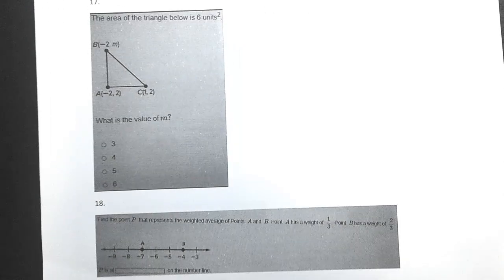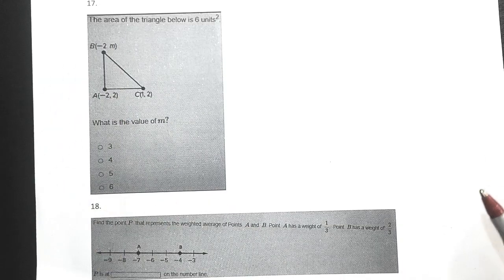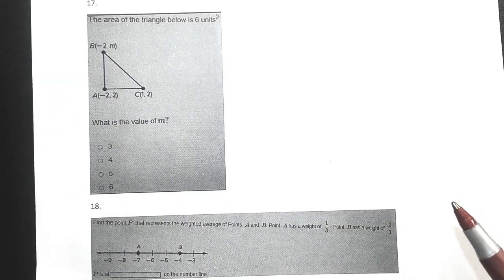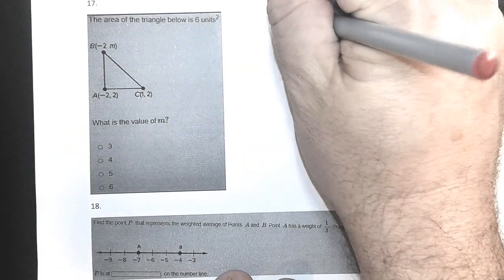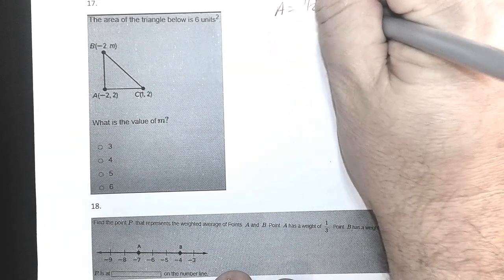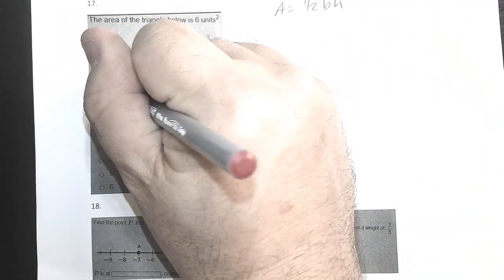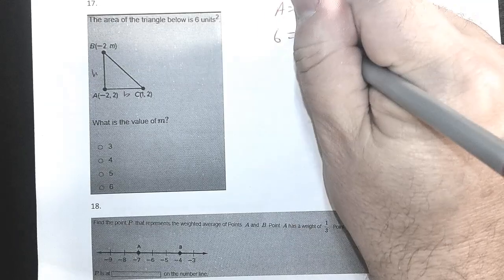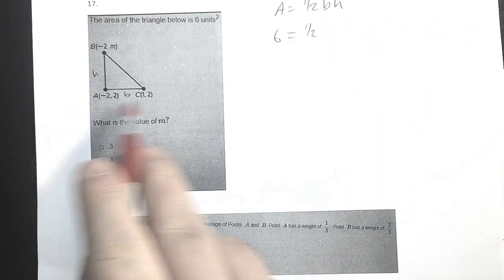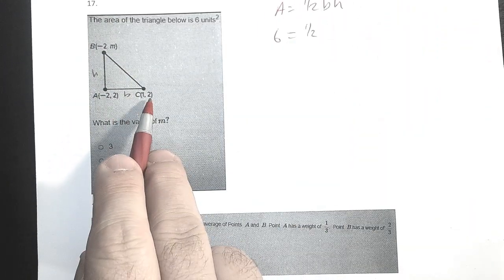Number 17. The area of the triangle below is 6 units. What is the value of m? So we have these coordinates. Remember, area equals 1/2 of the base times the height. So height, base, and we know the area is 6. So we use the distance formula to go.